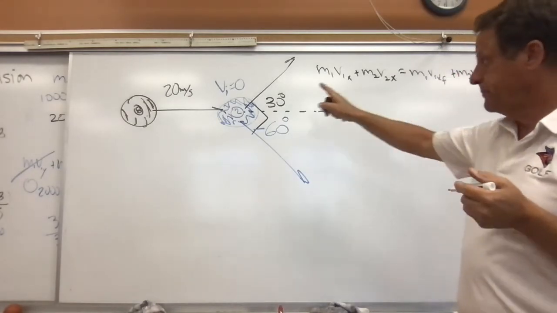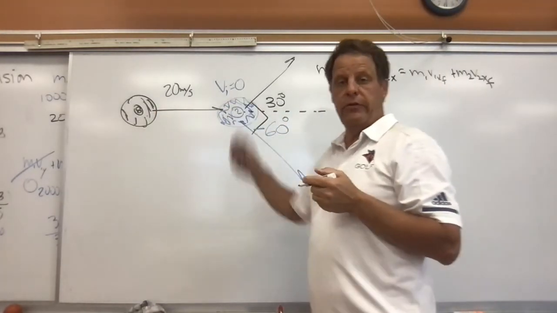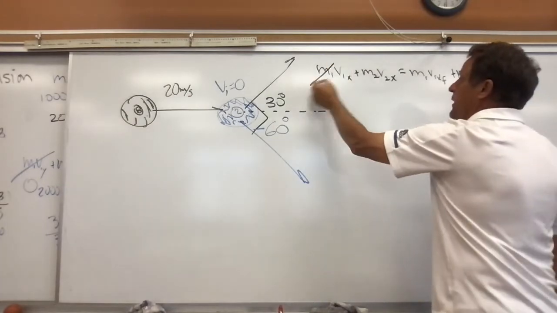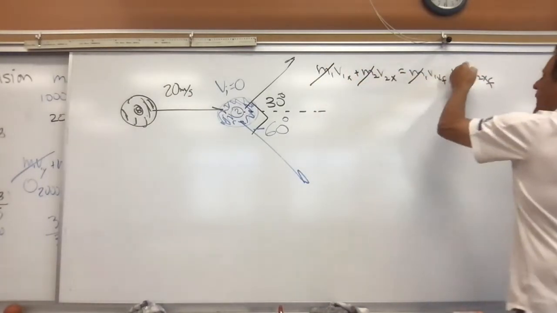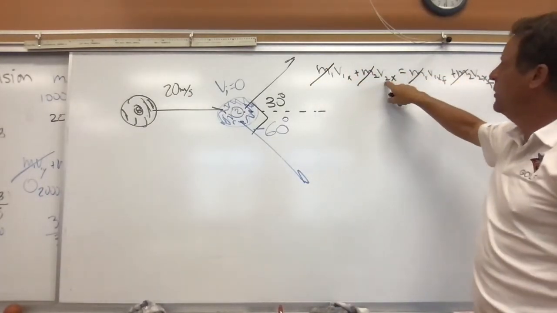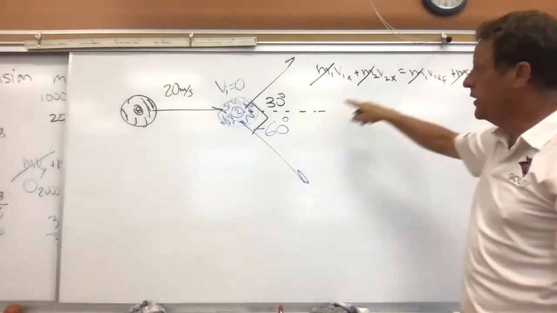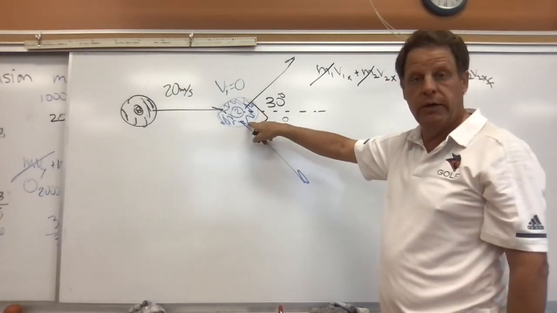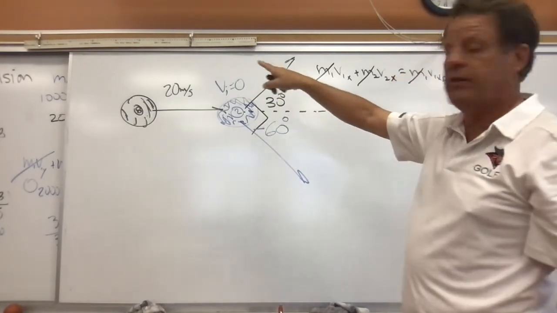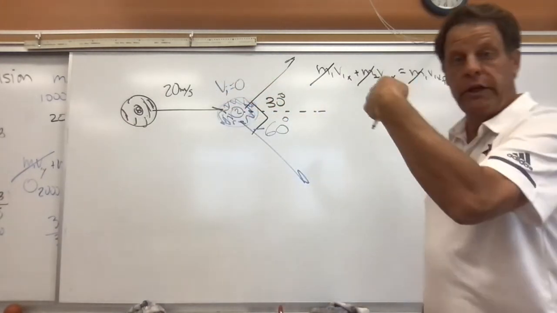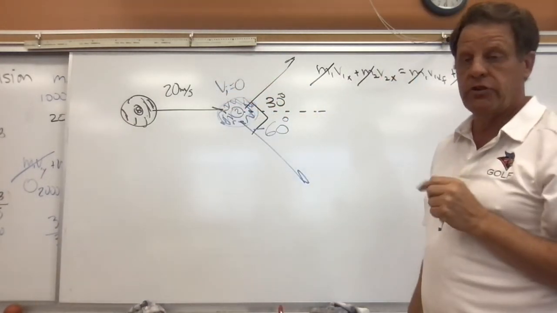But remember, our masses are the same. So we can get rid of the masses. We also know that our initial velocity of our second ball is 0, and our velocity of our first ball is only going in the x direction.